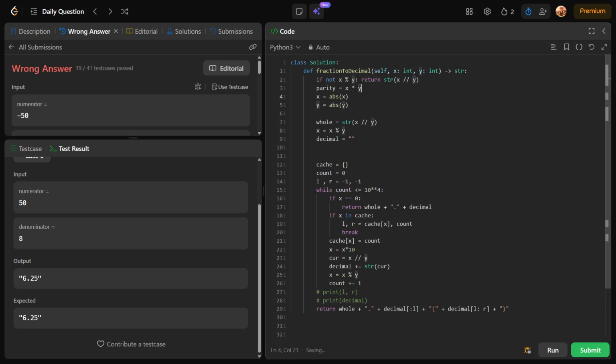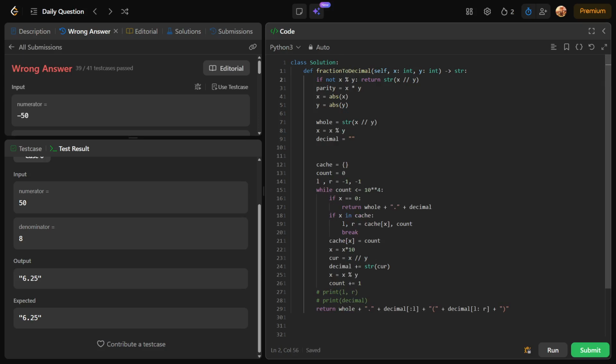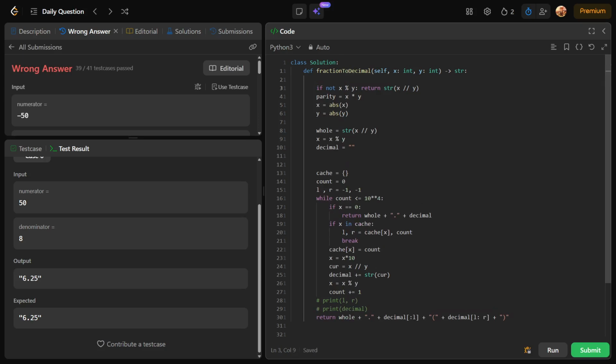Okay. Now if parity is negative, right? This fine. So if x is equal to 0, return.